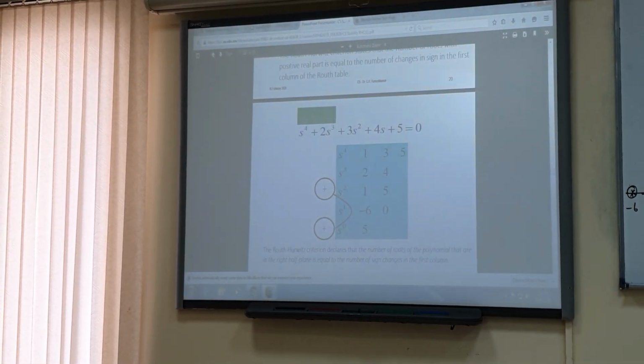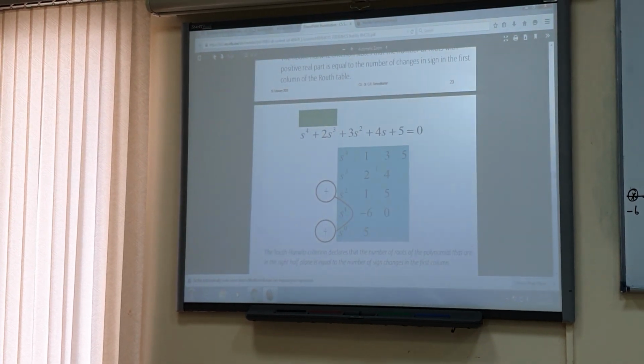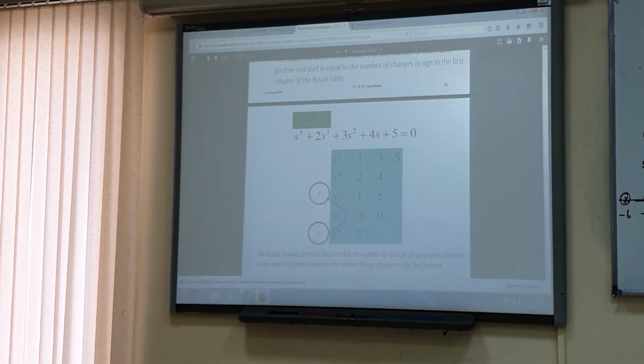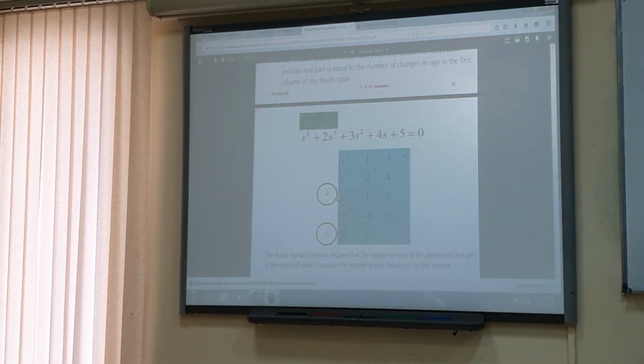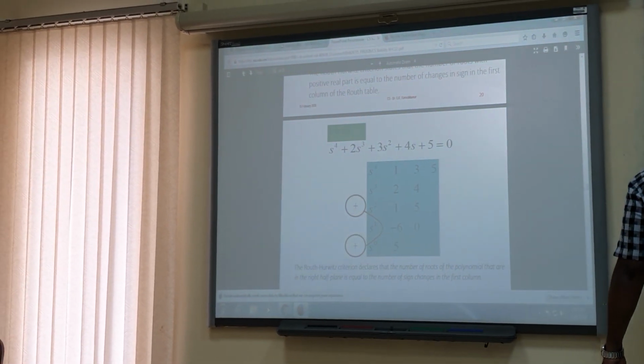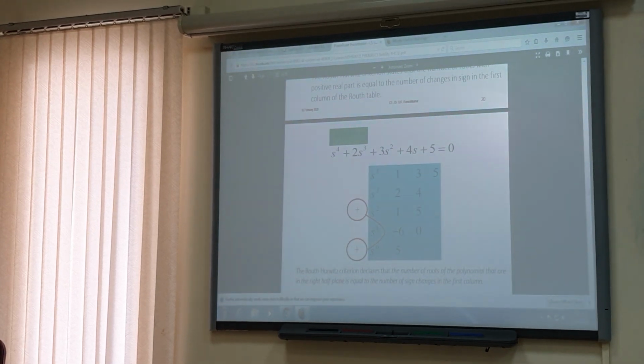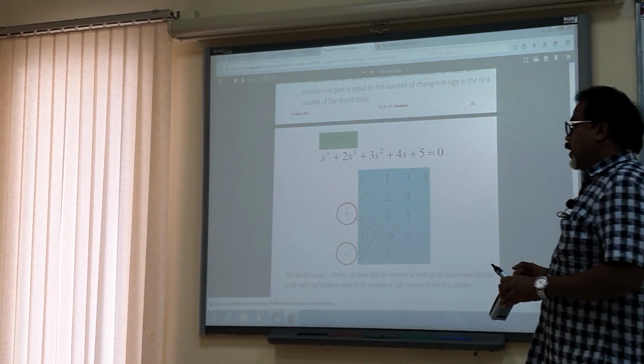So how we are going to apply the Routh Hurwitz algorithm, and after that how we are going to find the stability of the system, and also how we are going to tell whether the roots are in the left half of the S-plane or the right half of the S-plane, we are going to see.